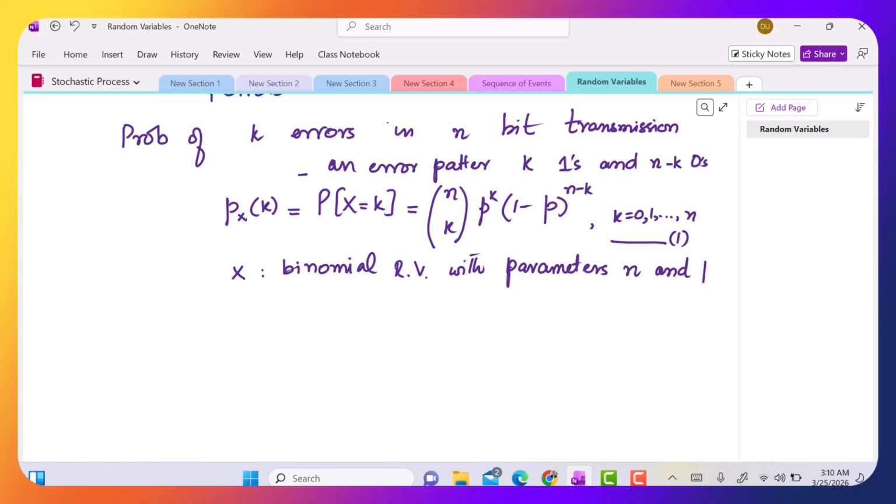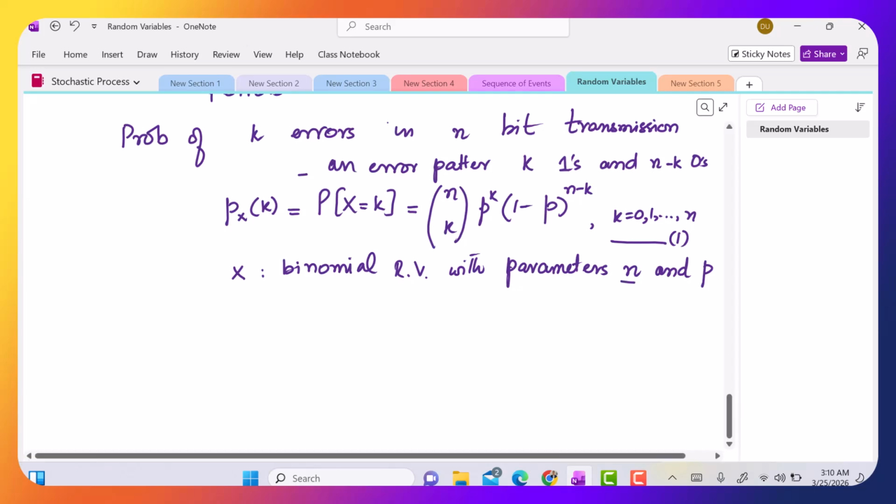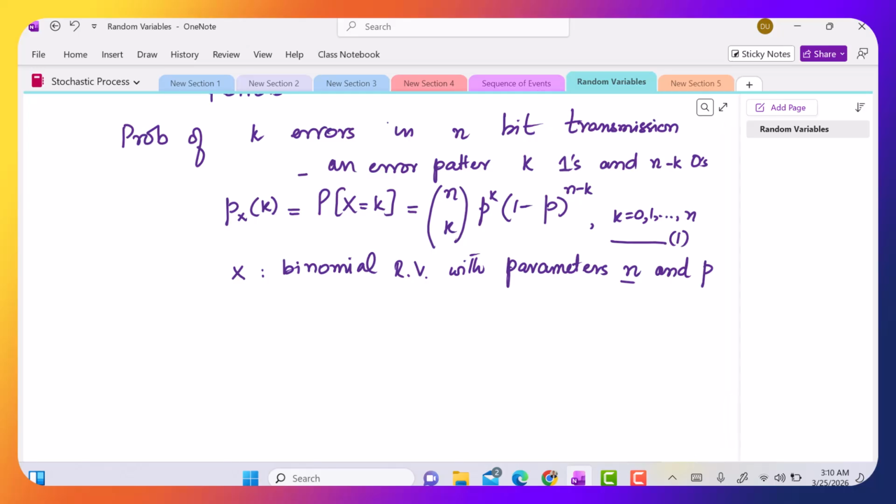Whenever you want to specify a binomial random variable, you mention two parameters: the number of transmissions, or number of trials or experiments, denoted by n, and the second parameter, the probability of each experiment's success or failure, which we specify with p.